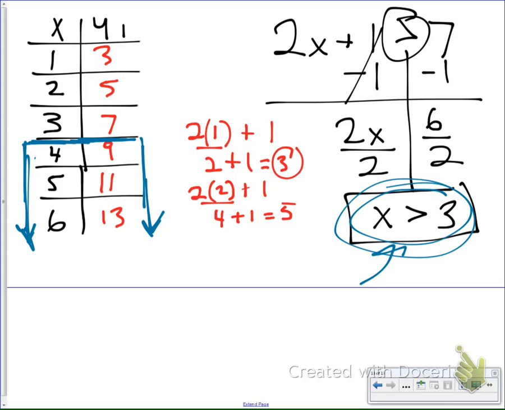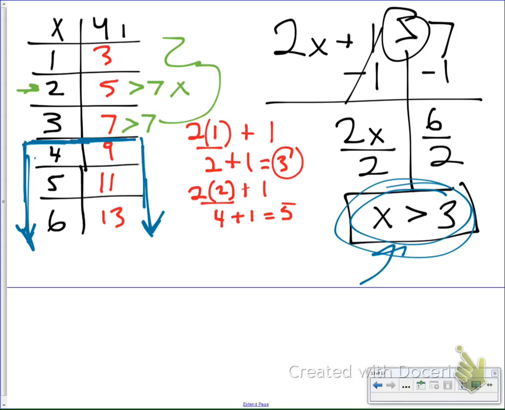So look right here. If I look at, say, this line where my x is 2, and look at my solution, I want to check, is 5 greater than 7? No, it's not. That's why these values on the top are not included in my solution set. Also, 7 is not greater than 7. It's equal to, but it's not greater than.